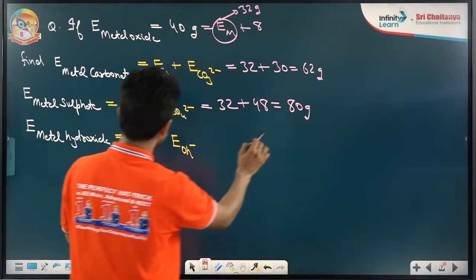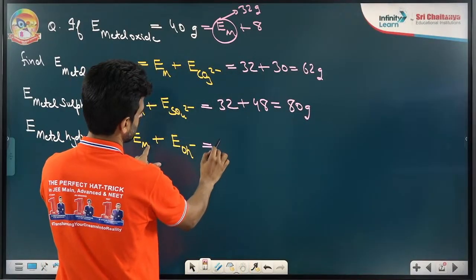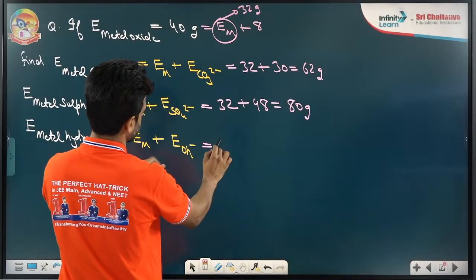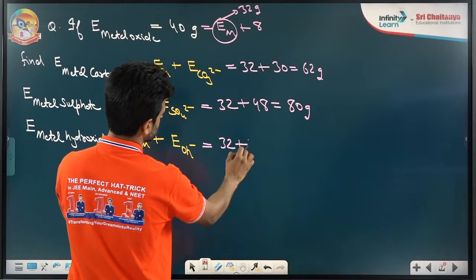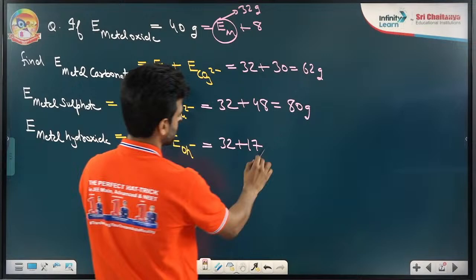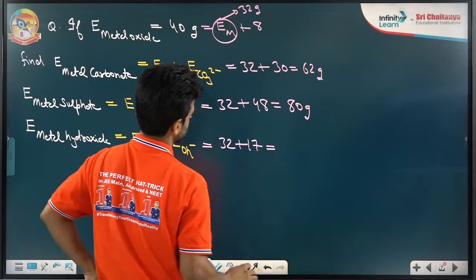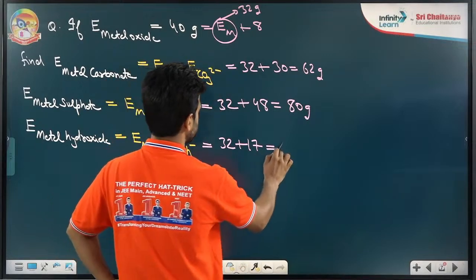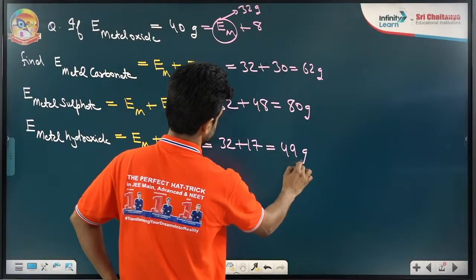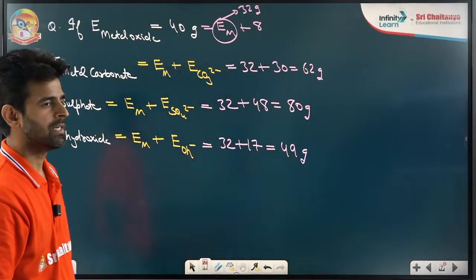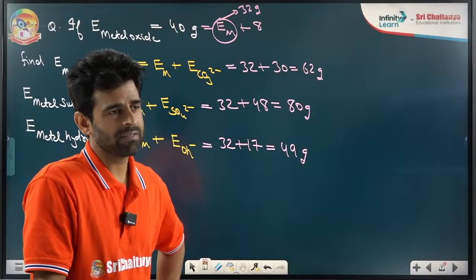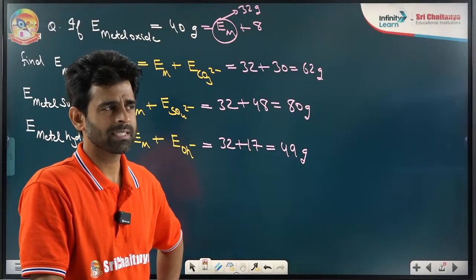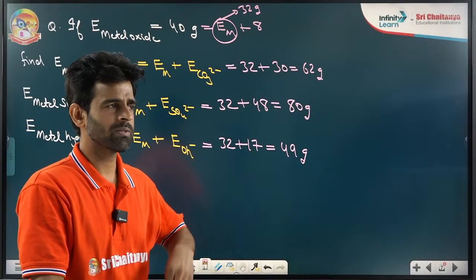And for the metal hydroxide, metal is 32 and hydroxide is 17, just now we did. So if you add it, what's coming? 49. So you said 62, 80 and 49. Very good. Great. I hope we are clear about this.